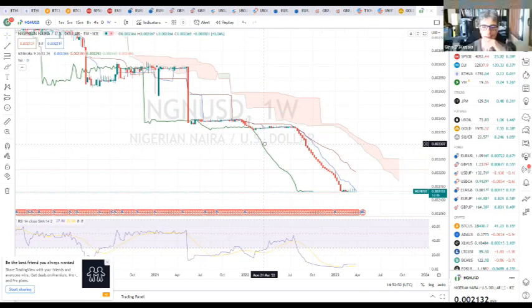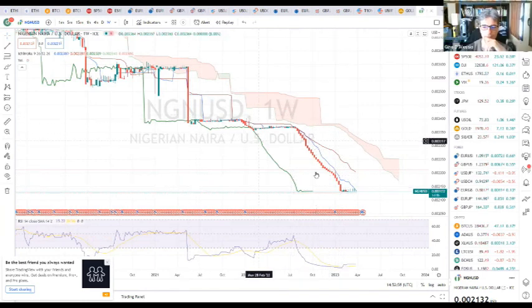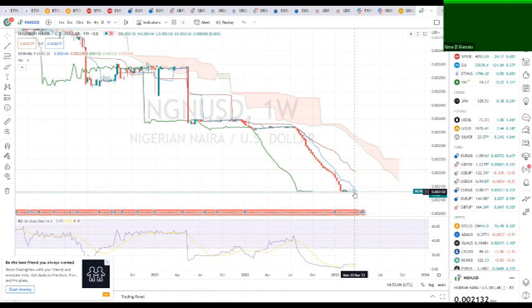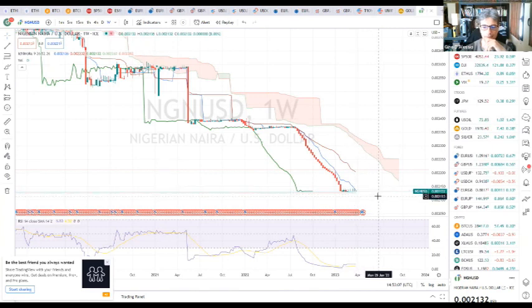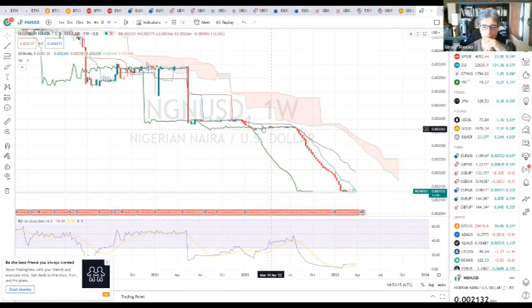Yeah, from what it looks like, from just technically looking at the charts, it doesn't look like it's coming up anytime soon. This sideways trend is probably going to continue until it breaks on the downside, most likely. Or it could happen that it goes back up again, but there's no indication it will.